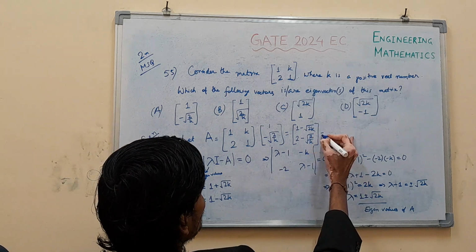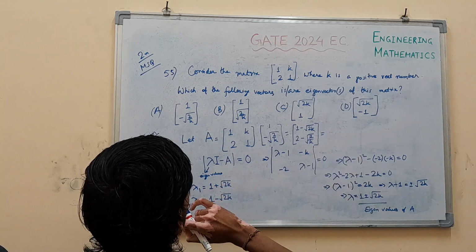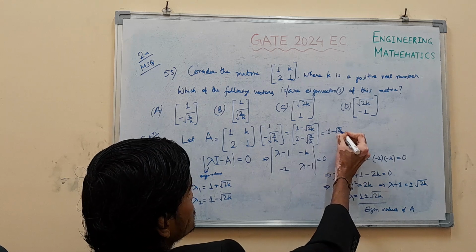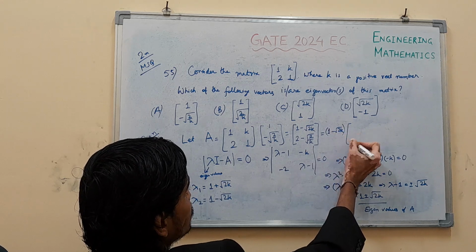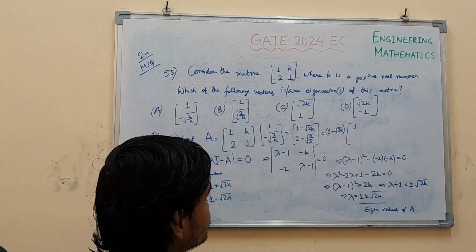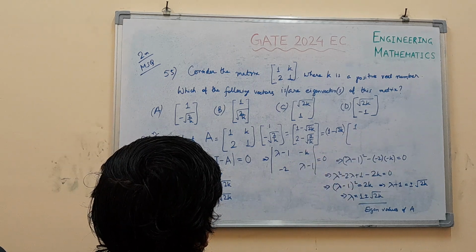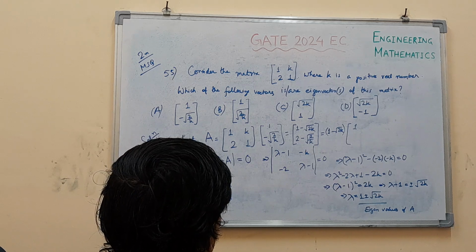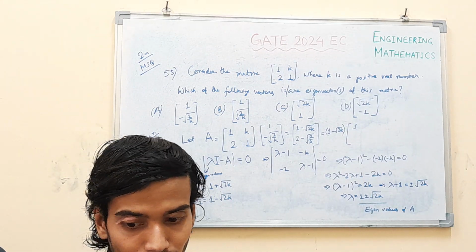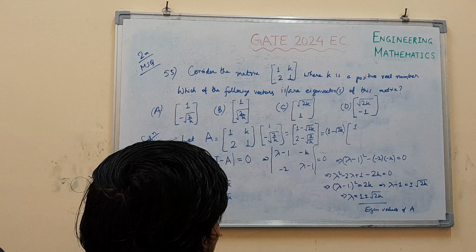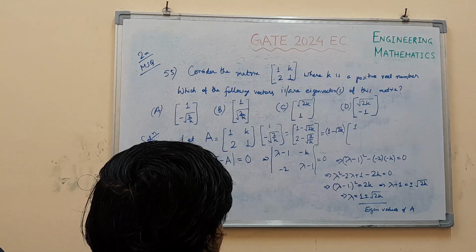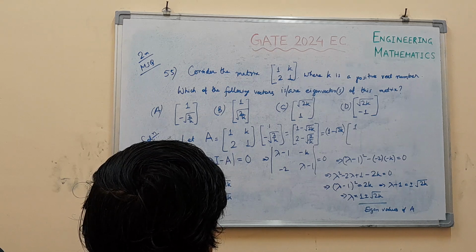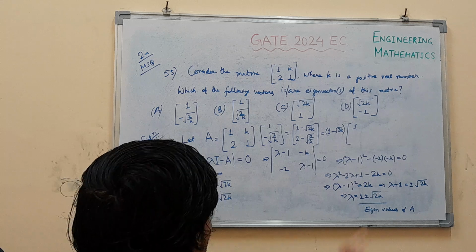If we take 1 minus root 2k common, what do we get? 1 here. Right. We get 1 here, right?